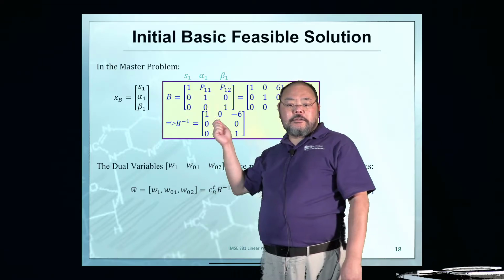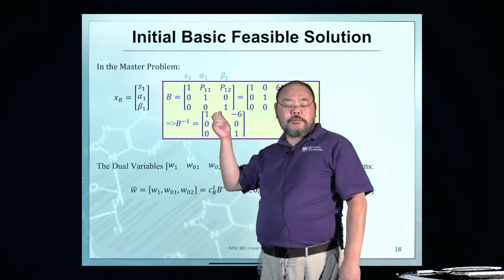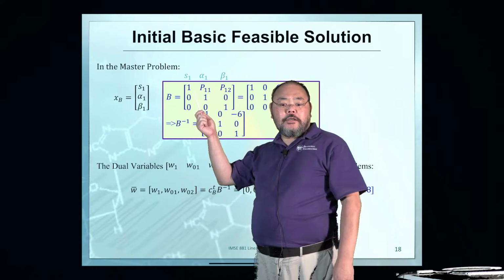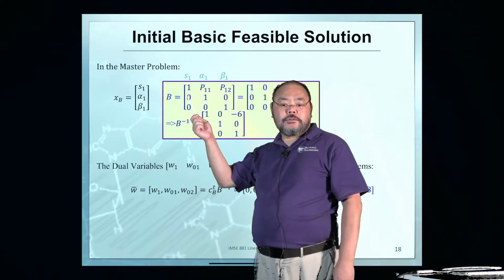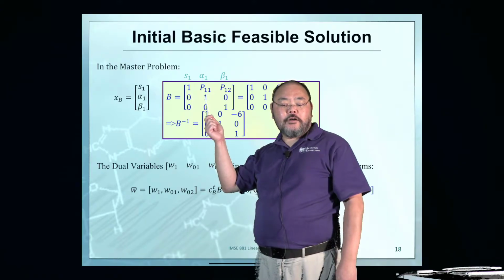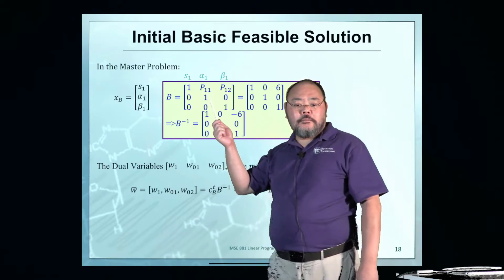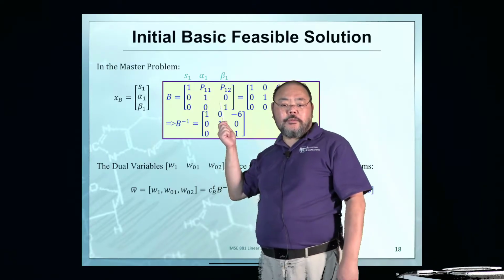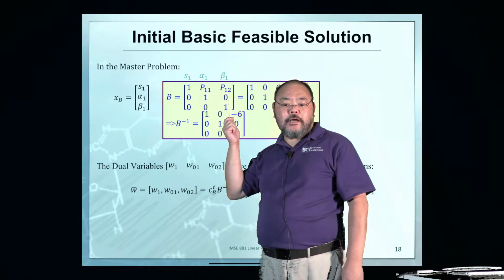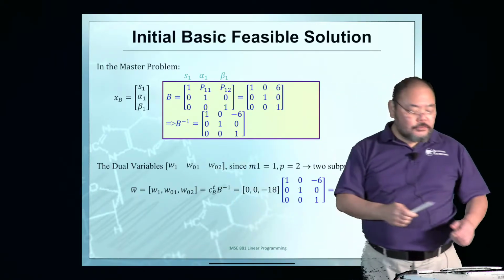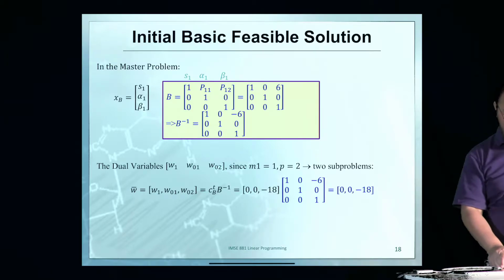The second row of B equals 0, no slack variable involved, and alpha 1 equals 1. And the third row represents only beta 1 involved in that equation, if we go back to look at the master problem.